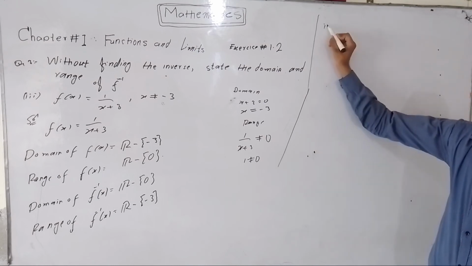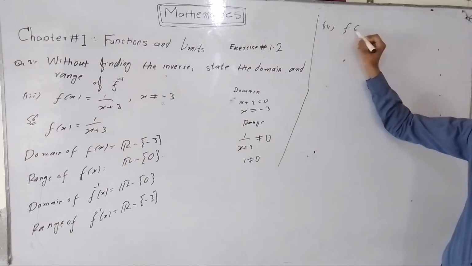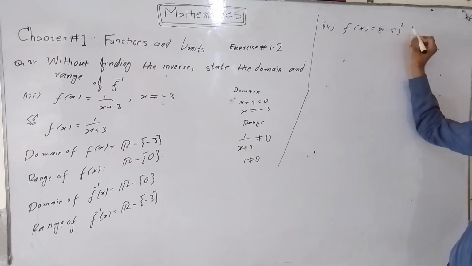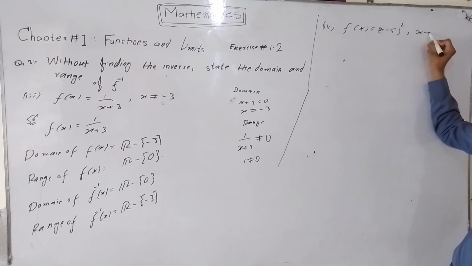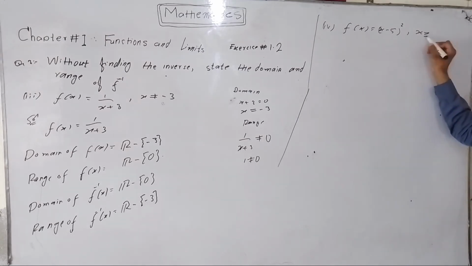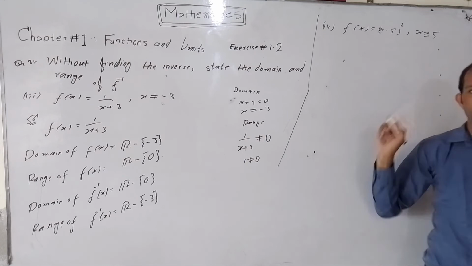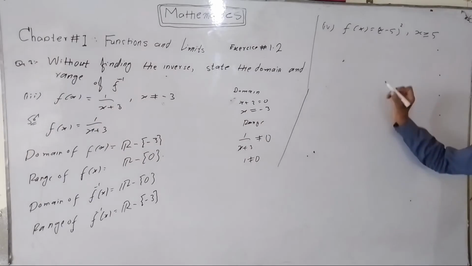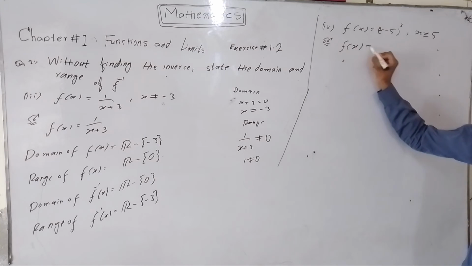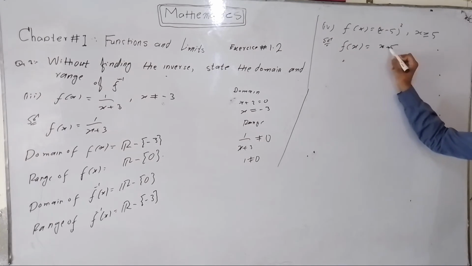Next, question 3 part number 4, f of x is equal to x minus 5 whole square where x greater than or equal to 5. Solution first, as it is, f of x is equal to x minus 5 whole square.